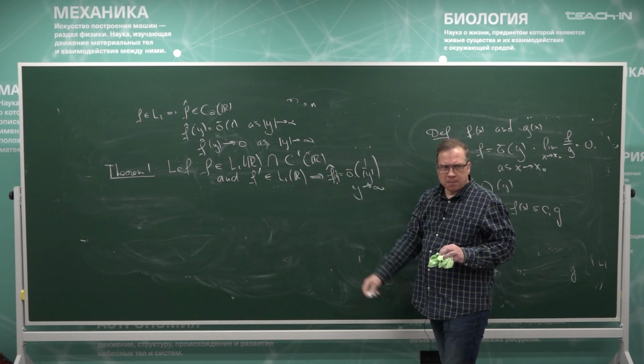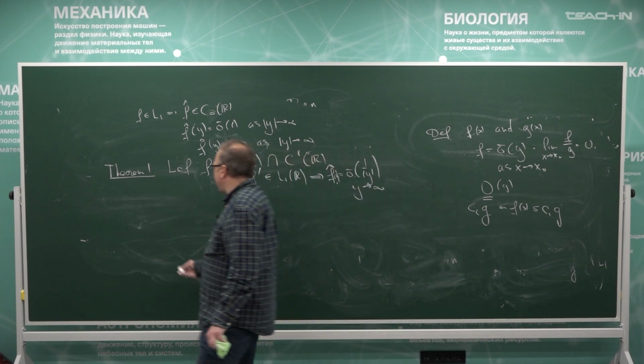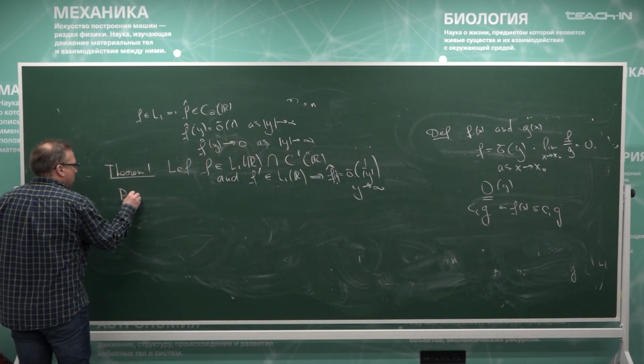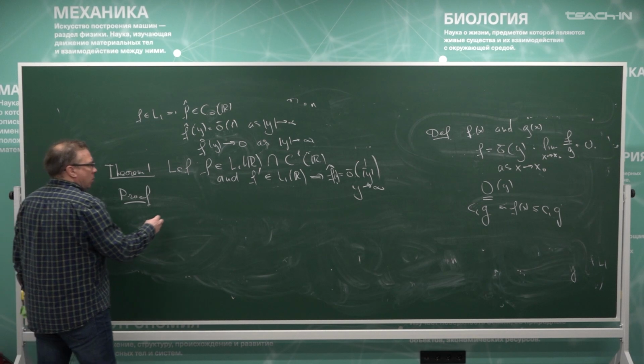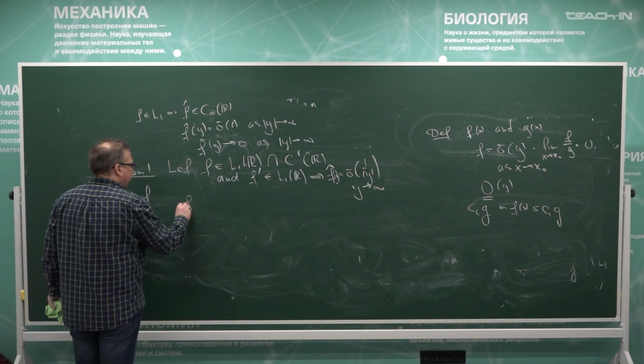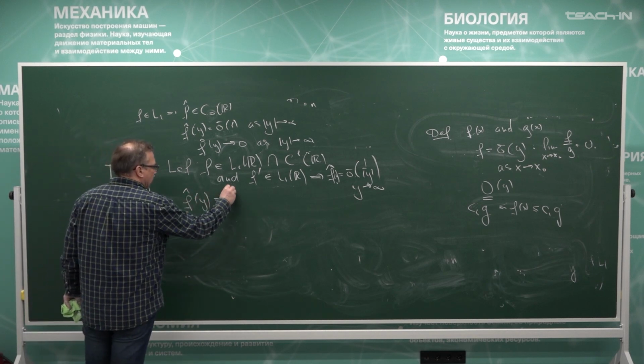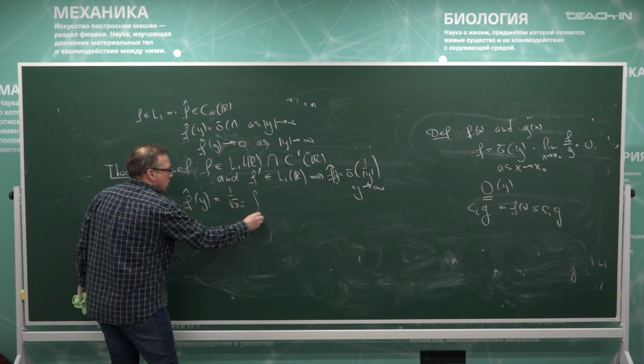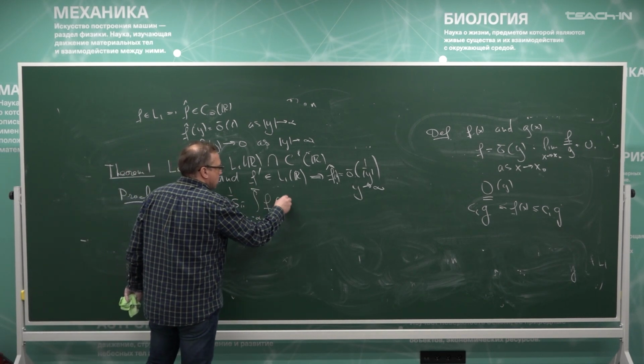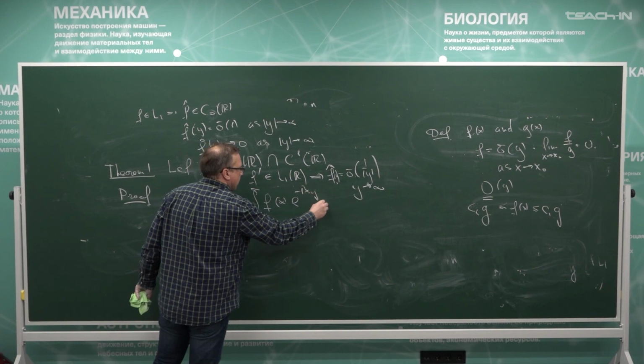So how can we prove it? It is easy, because by definition the Fourier transform is the following integral.